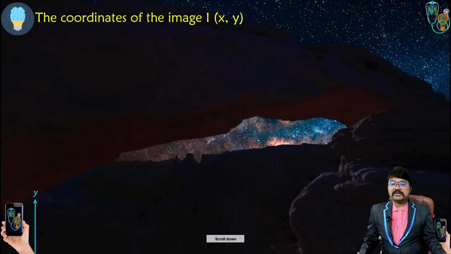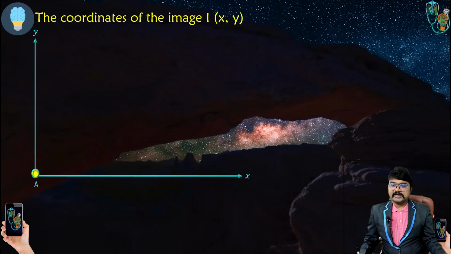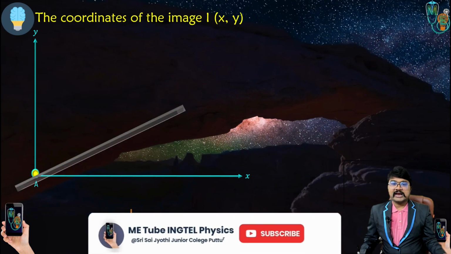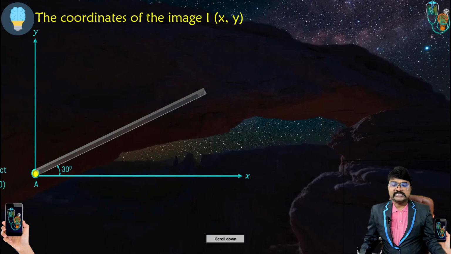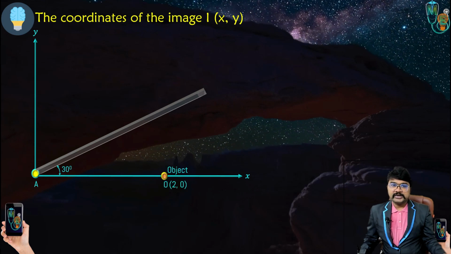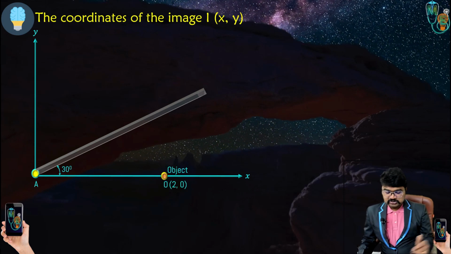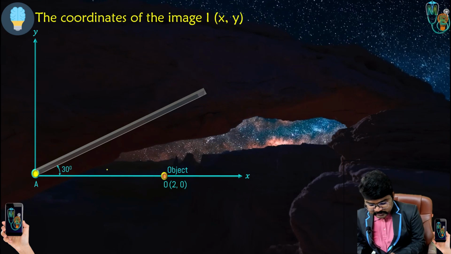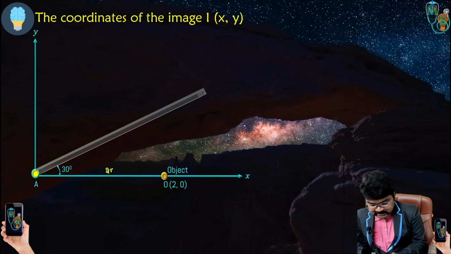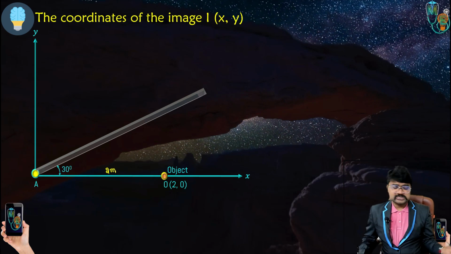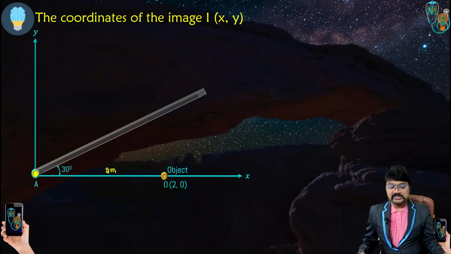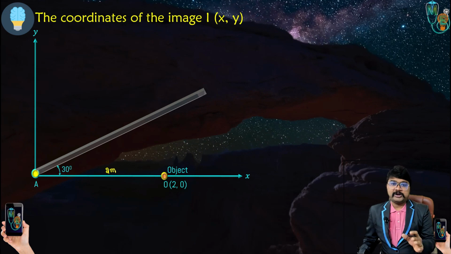What is given? Here the coordinate system is xy and the mirror is inclined at 30 degrees with the horizontal. The object is placed at a distance of 2 meters from the origin. What we discussed in the last class: to get the image we need to draw the perpendicular.